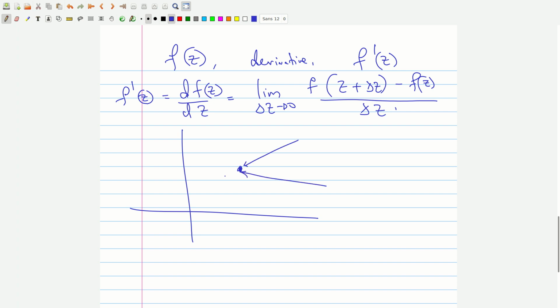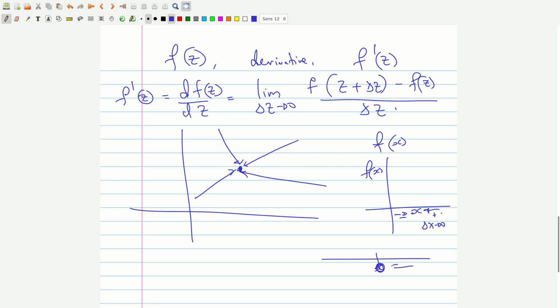We could only say that for the real valued function f of x, where we simply had the values f of x and then x, so we were approaching x; in other words, our delta x was approaching 0. You can approach it through positive values or through negative values, just on the number line, so you can approach 0 either from that side or from that side. But it is quite different here for our complex numbers because they are defined in the plane.